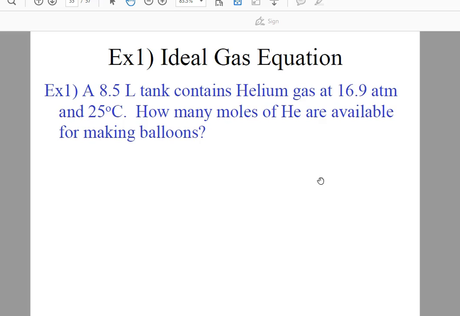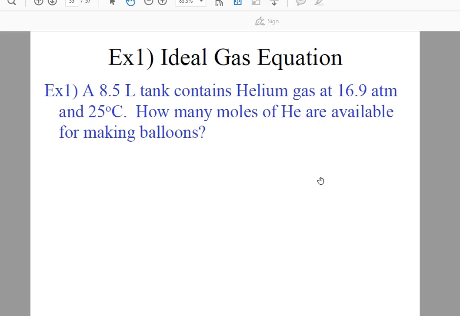And 25 degrees Celsius temperature, but it needs to be in Kelvin. And they ask how many moles. So what are we solving for? N. Good. And we want to know how many moles of helium are available in this tank for making some balloons. So we have V, we have P, we have T, and we're looking for N.